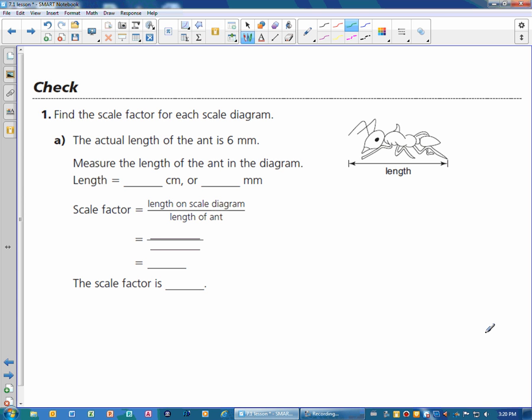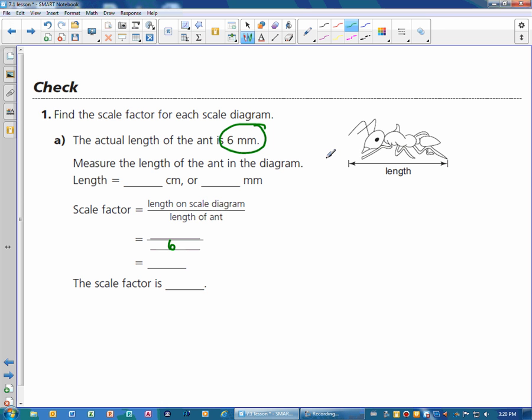It says that the actual length of the ant is 6 millimeters. And what it asks you to do is measure the length of the ant in the diagram in centimeters or in millimeters. Because it gives the actual length as 6 millimeters, which goes here as the length of the ant, 6 goes on the bottom, we should measure the length of the ant on this picture in millimeters.